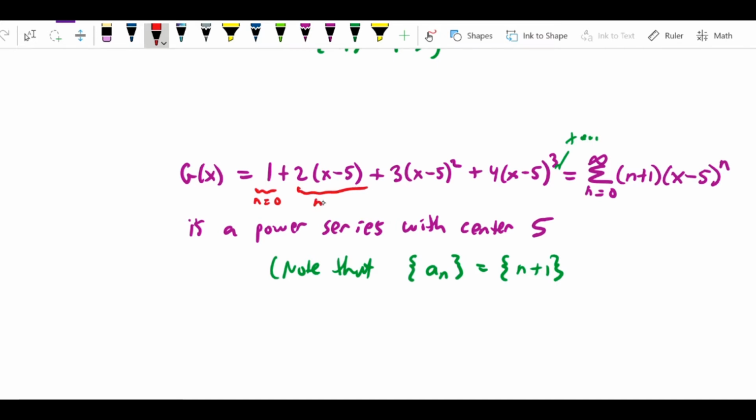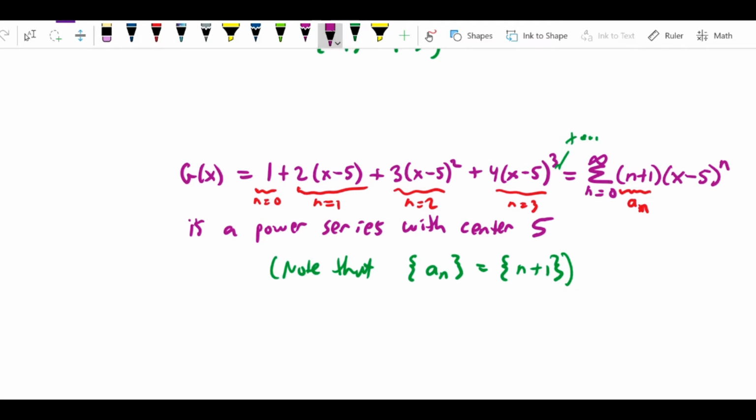Here, this is the n equals 1 term, this is the n equals 2 term, this is the n equals 3 term, and just verify, let's say with n equals 2, you can see that I have n plus 1, so that's 2 plus 1 gives me the 3 out there, and then I have x minus 5 to the n, so that gives me x minus 5 to the 2. So that in fact works, and here of course what we have is that a n is the sequence n plus 1. Just write it in here. This is the a n term in the power series.